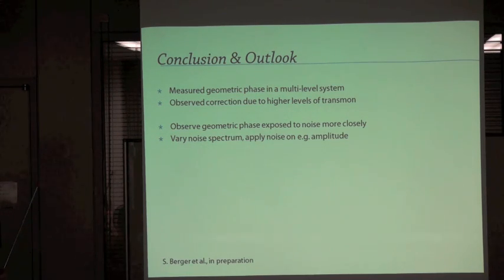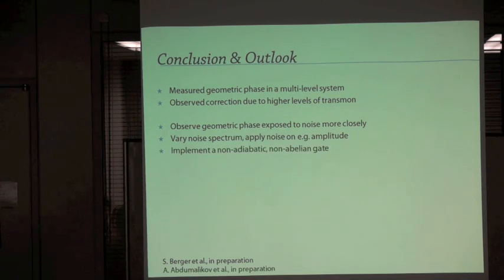So we've taken this B field and added some noise to it with various intensity and various spectra, and seen if the phase stays constant or if it starts changing with the noise. And our conclusions so far indicate that indeed the geometric phase is robust, and more so than the dynamical phase.